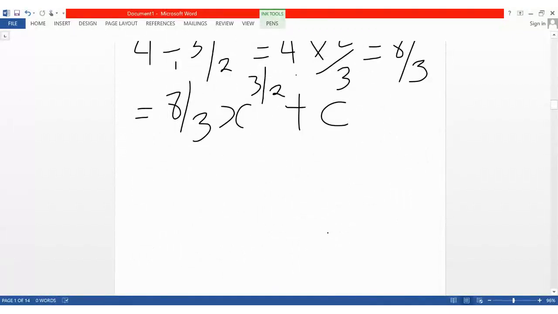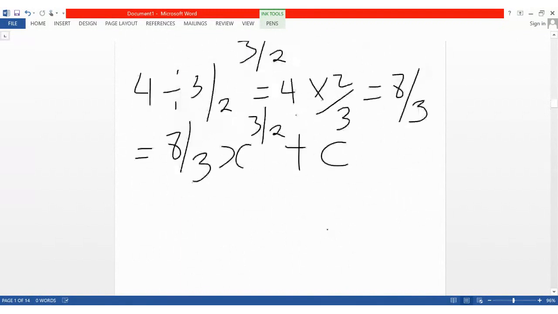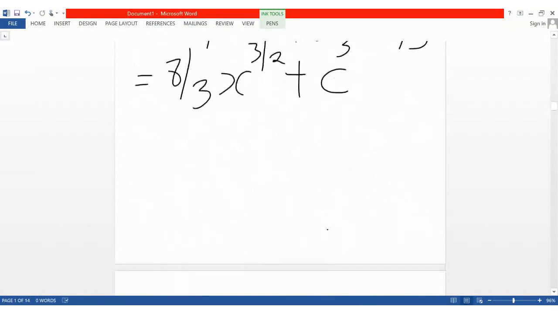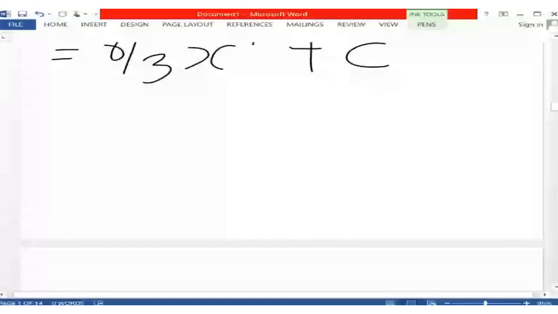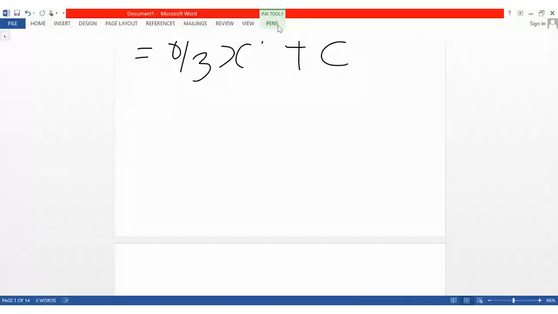Before I do that one, let me introduce some laws of indices that are very important. Only 2 laws.